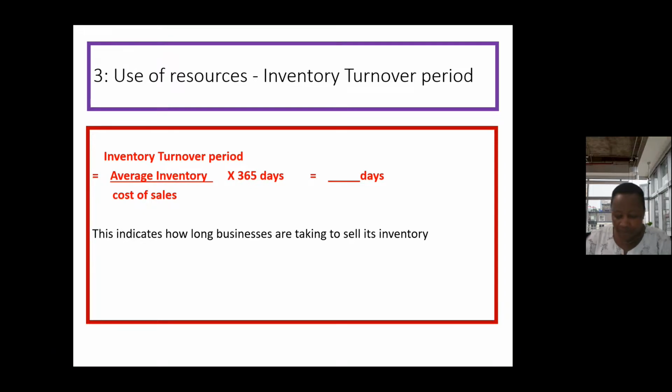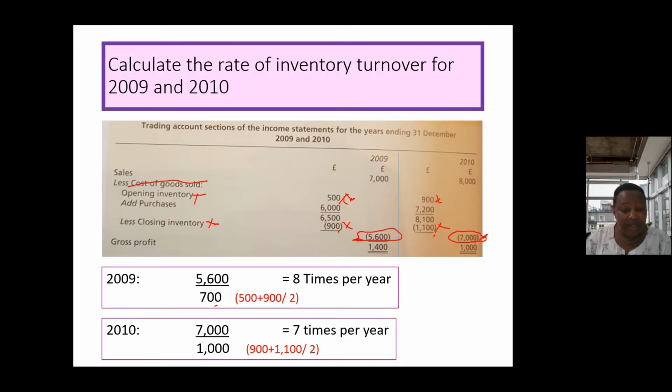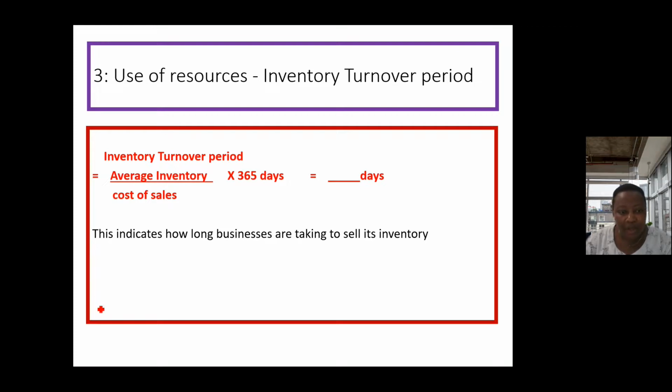And we've used our previous information here, where our average inventory is already 700. So here we have 700 divided by 5,600. We divide that by 5,600 and we multiply it by 365 days.